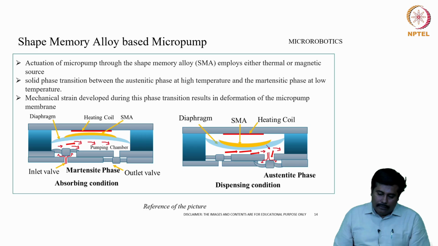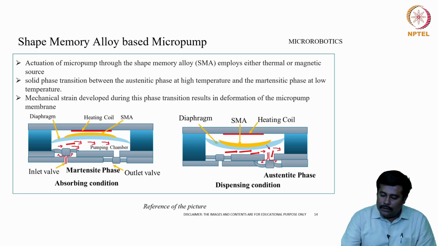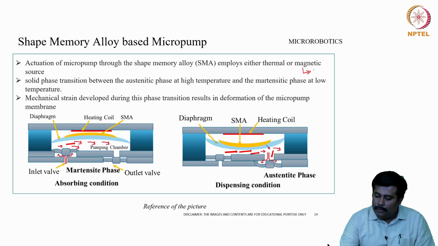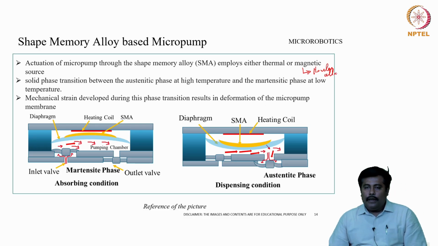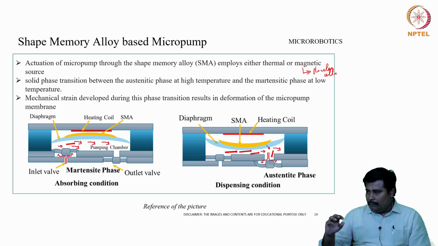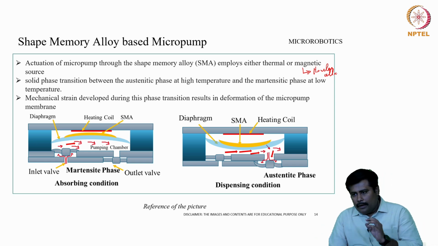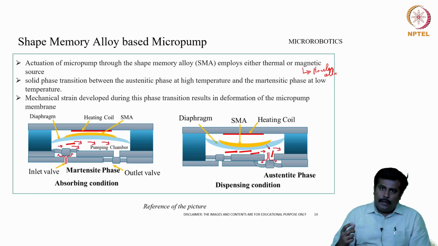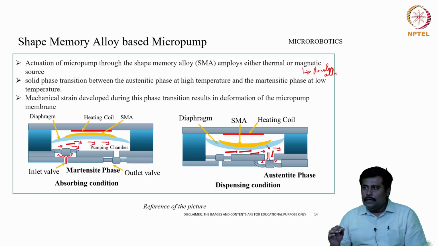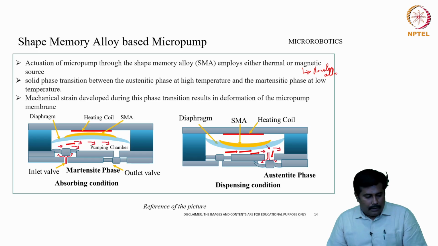When we consider a magnetic force, instead of a shape memory alloy, we will be using a Heusler alloy. The main actuation medium for this Heusler alloy is when we supply a cyclic magnetic field to it. Appropriately there will be an expansion and a contraction which exhibits on these particular structures.